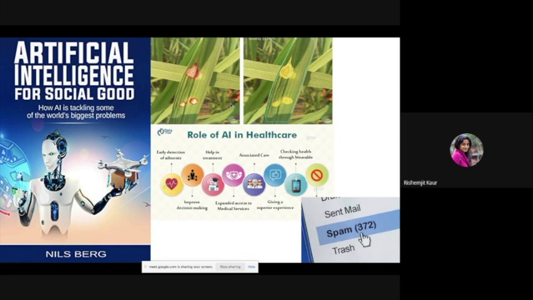In healthcare, it is being used for early detection of certain ailments or to improve decision making, to help doctors or to help in the treatment, and also a lot of associated care with it. Then you might have seen the smart watches and Fitbit kind of devices, the wearable devices that we have these days. And behind everything, there is AI, which is sort of guiding us.